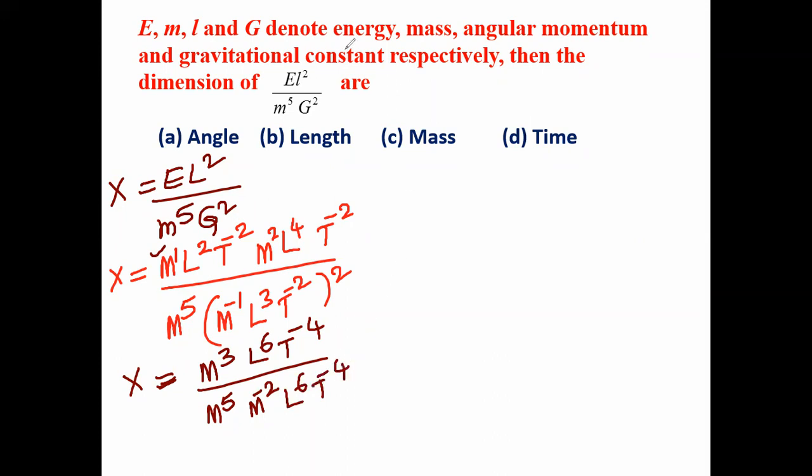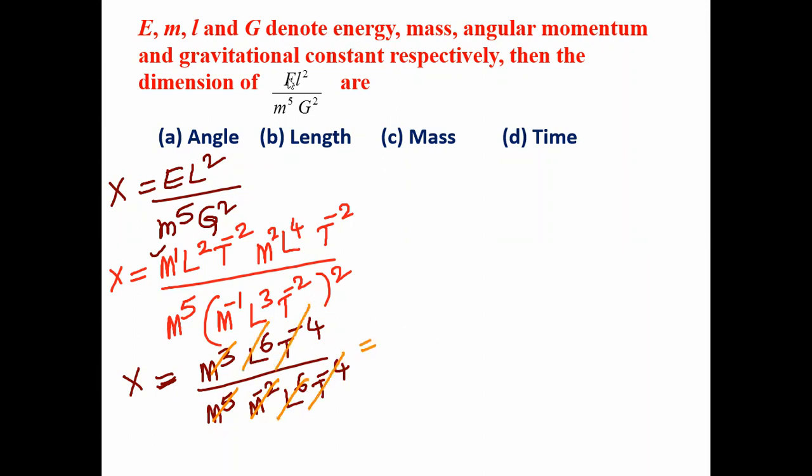We have to simplify it. See, M^3 gets cancelled. L^6 with L^6, T^-4 with T^-4, all of them get cancelled.